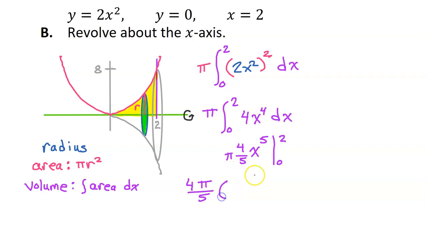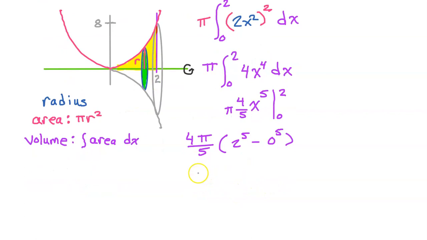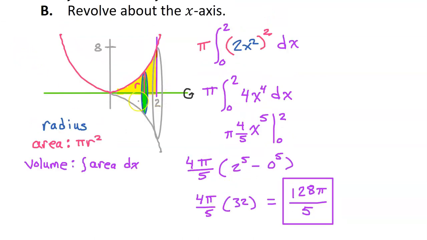But anyway, the value at 2 would be 2 to the 5th power, and then minus the value at 0, which would be 0 to the 5th power. 2 to the 5th power is 32, so I end up with 4 pi over 5 times 32. So the volume of this solid of revolution is 128 pi over 5.